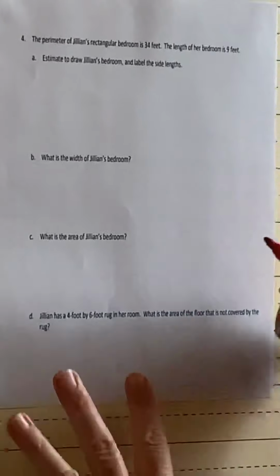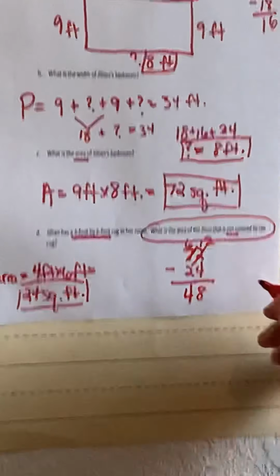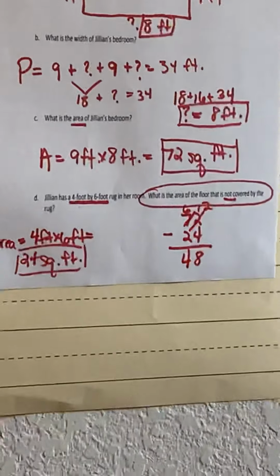My 2 becomes a 12. 12 minus 4 is 8. 6 minus 2 is 4. So should I say this is 48 feet not covered by that rug? Nope, we're still talking about area. So it's 48 square feet. Perfect, not covered. Just make sure we know what we're talking about.